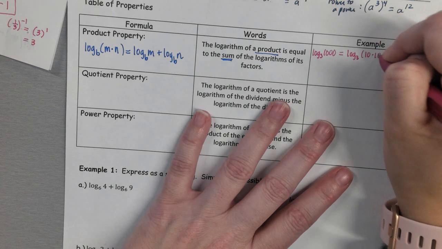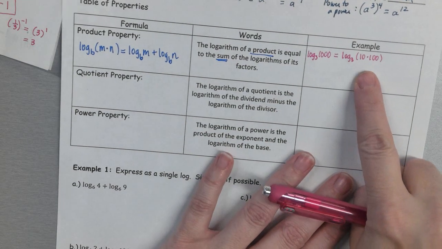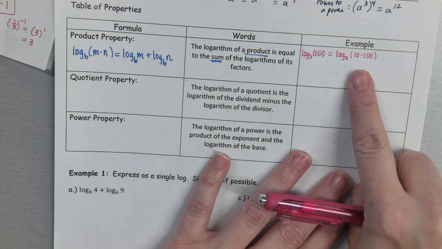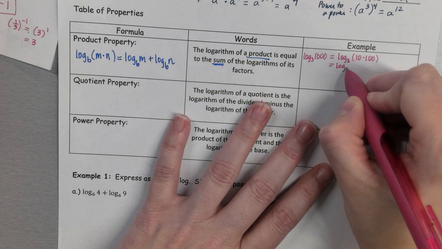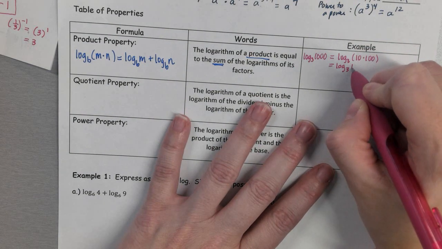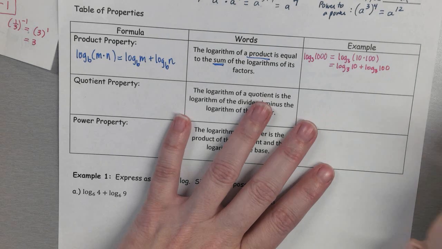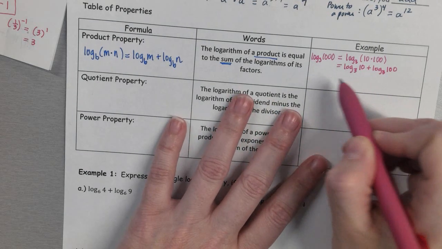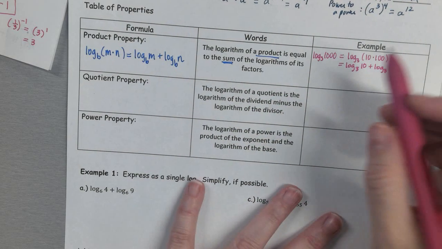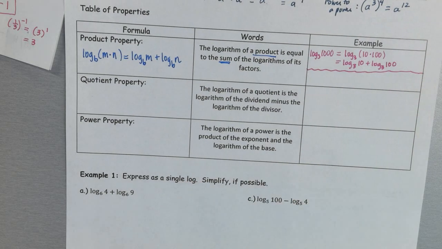And we're going to do 2 in this thing, so for spacing purposes, keep it like that. Okay, and then you could rewrite this as log base 3 of 10 plus log base 3 of 100. And sometimes they will just have you expand the log like that.